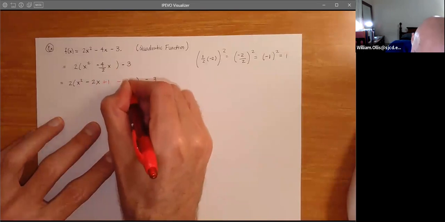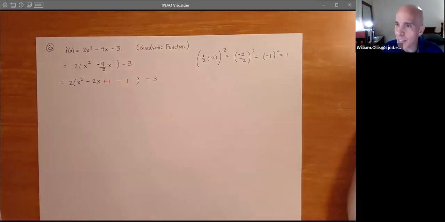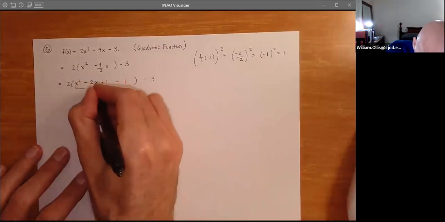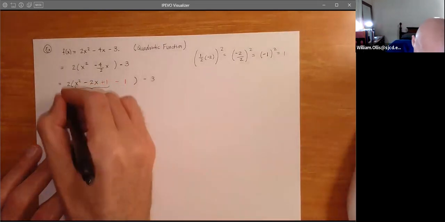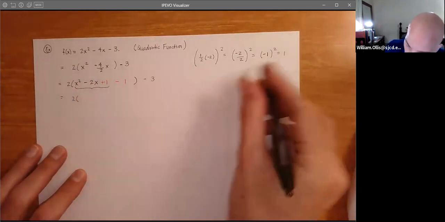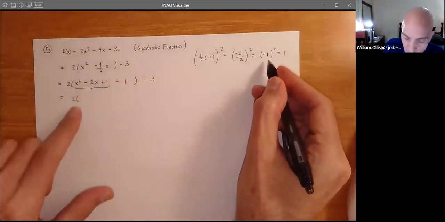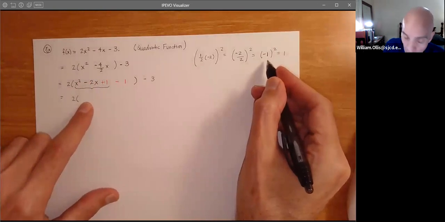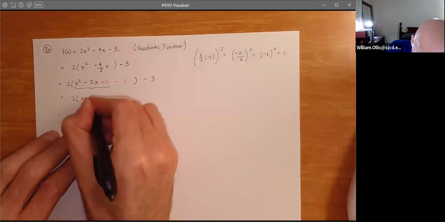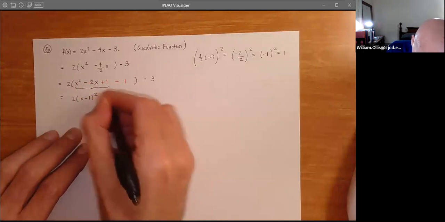-1. So I've got all this space here, a little bit more space than we needed. Okay, and so now here is the perfect square. So we have 2, and then of course we go over here to get the value that goes by the sign here, the minus. In this case, we get 2 times x minus 1 quantity squared.